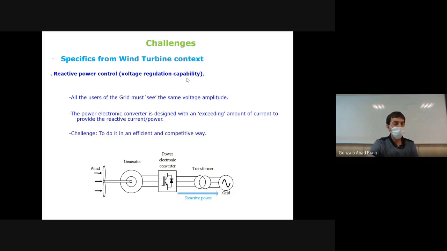So the challenge is to do it in an efficient way. It is simple to do, but not so simple if you want to be competitive in comparison with other companies or manufacturers. You have to do it better than the others.